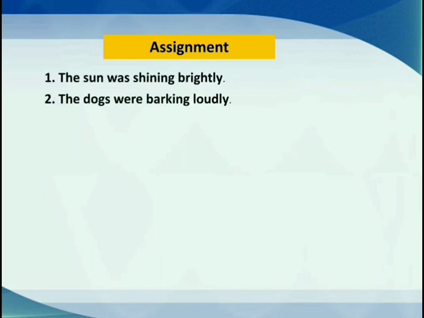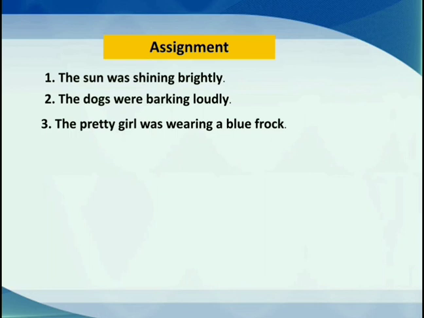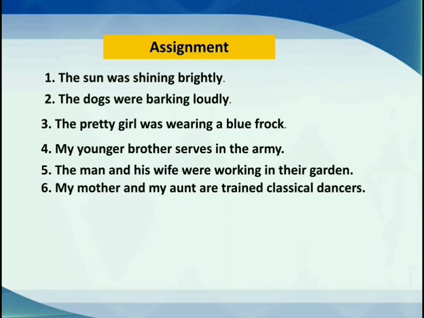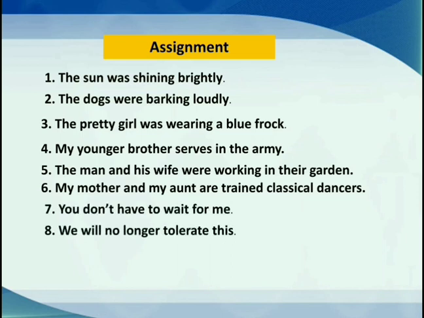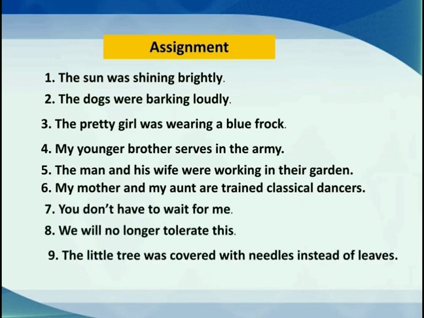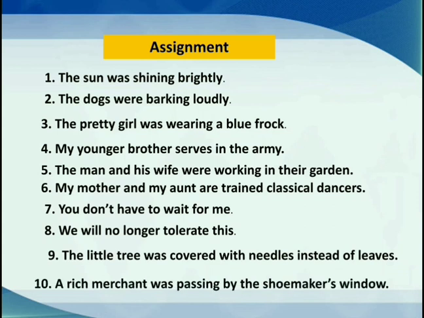So students, I hope with the help of examples, we are able to understand subject and predicate. Now, these are the 10 sentences which are an assignment for you. You are going to solve these sentences in your notebook so that whatever doubts you have regarding subject and predicate will be clear.